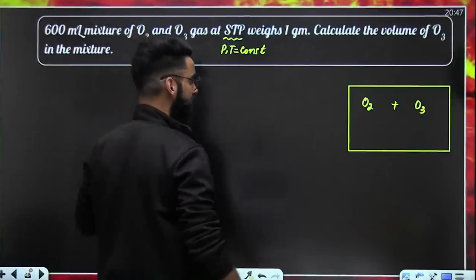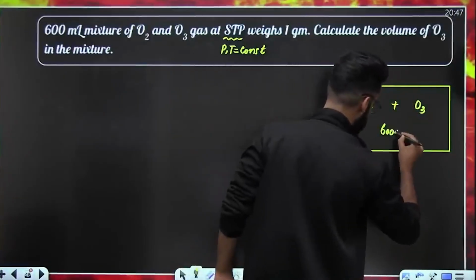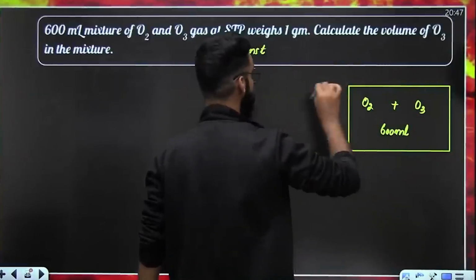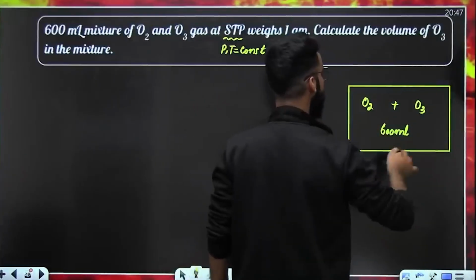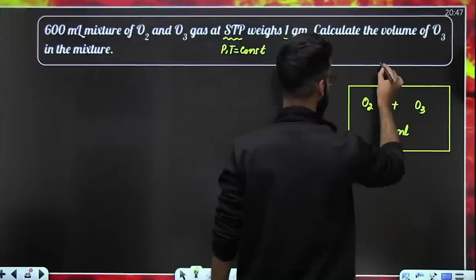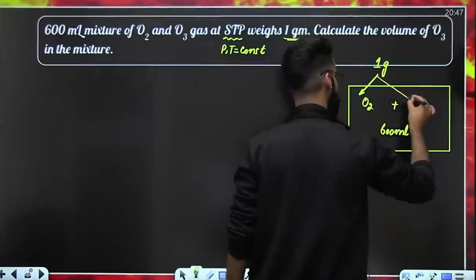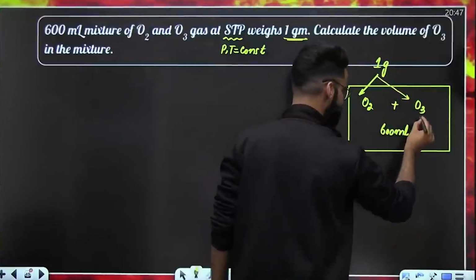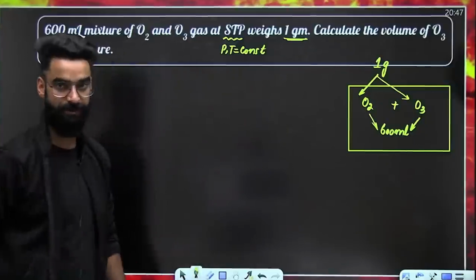As per the question, the volume of the whole gaseous mixture is 600 ml. It weighs 1 gram. So 1 gram is the mass of the whole gaseous mixture, and 600 ml is the volume of the whole gaseous mixture.